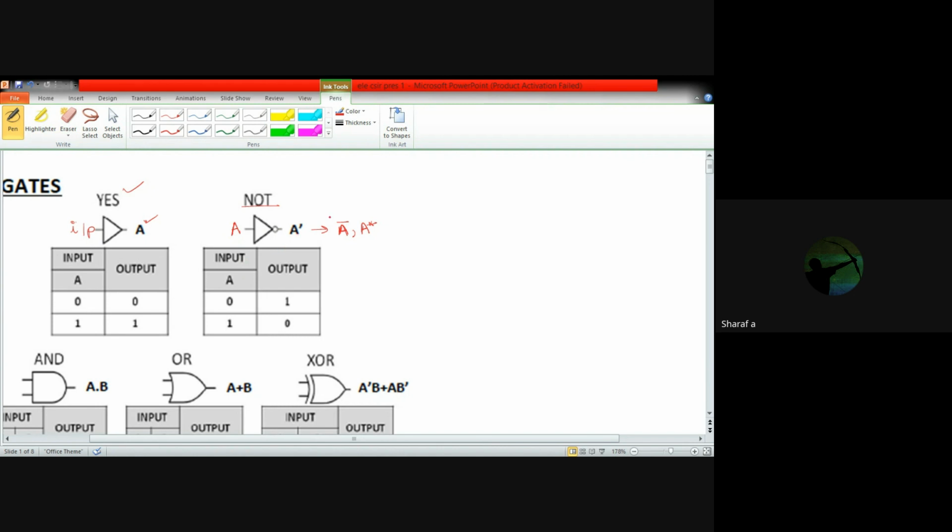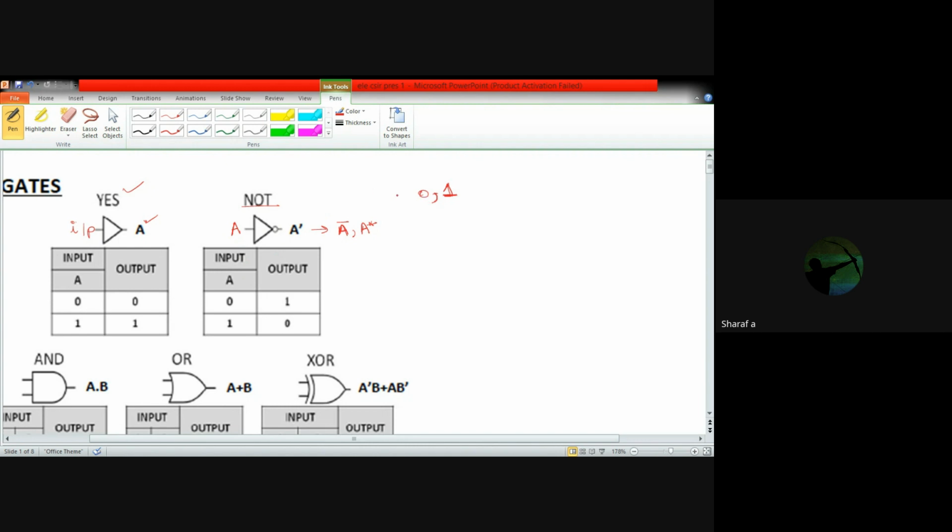The complement means, in logic gates we will be using only zeros and ones. These are binary digits. If you have any problem with the visibility in this writing or any other problems, you can just let me know. Okay.